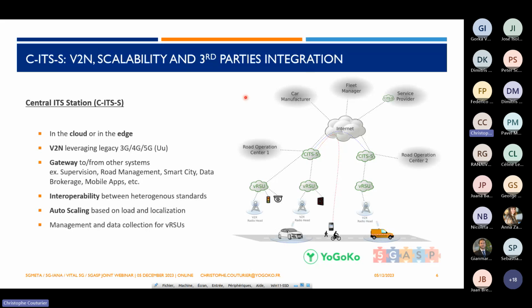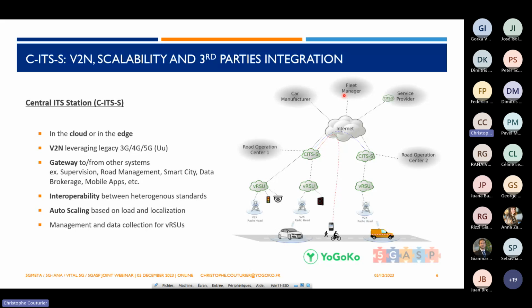So let's start with the third-party software. This is what you see there. These are other service operators that want to access the V2X network, for instance, a road operation center, a car manufacturer, a fleet manager, a transportation service provider, or whatever.